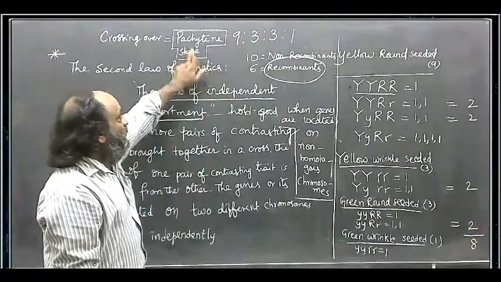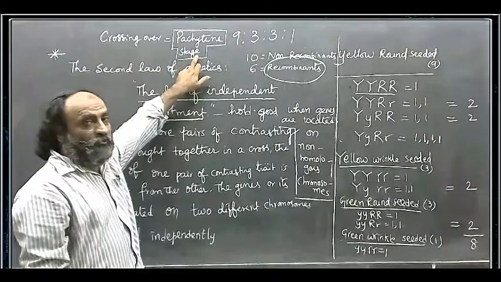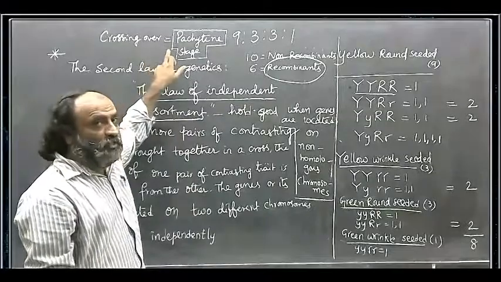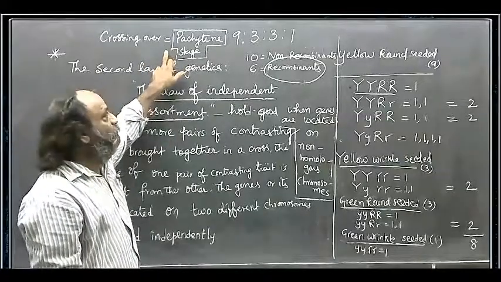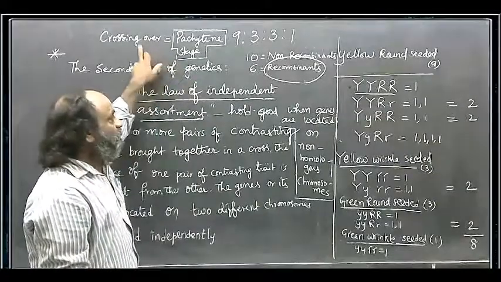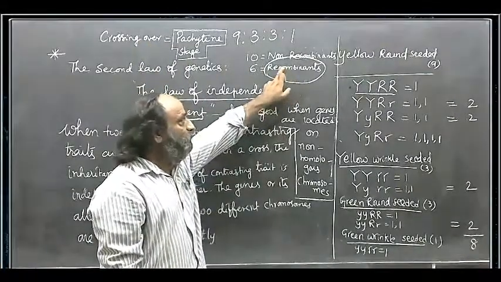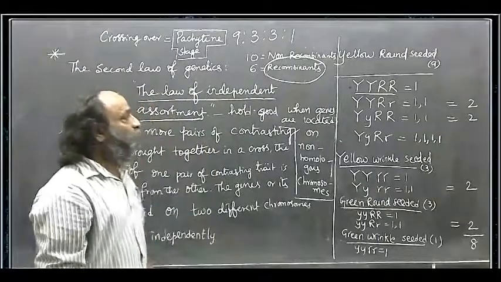So during the packaging stage of meiosis, there is exchange of genes between non-sister chromatids of homologous chromosomes that results in recombination of characters, resulting in recombinants.